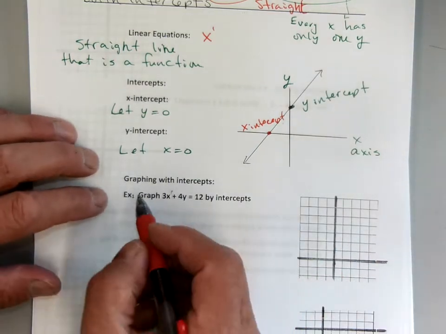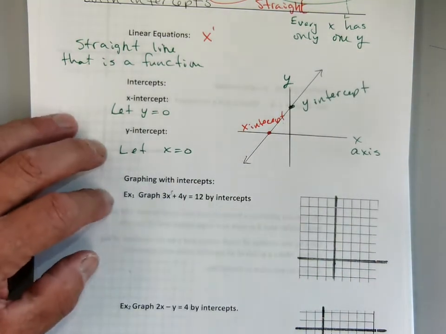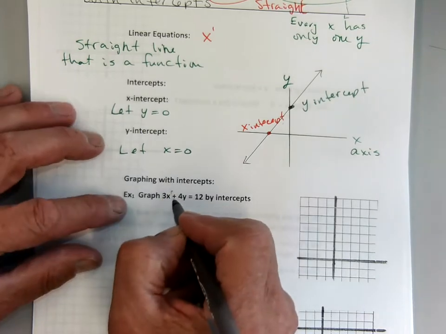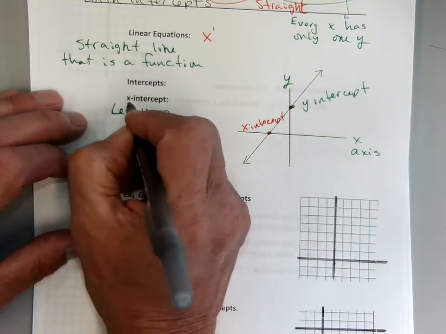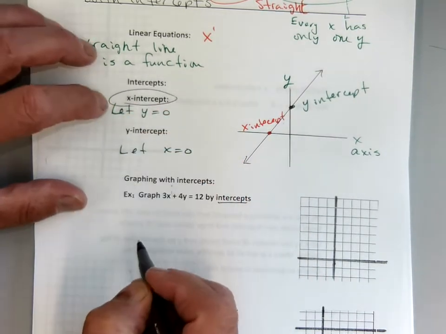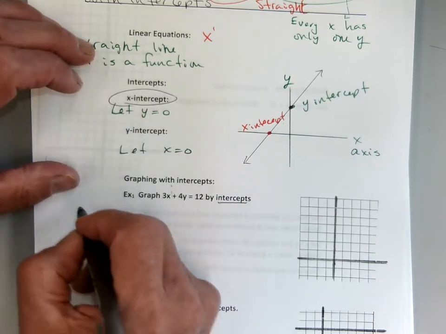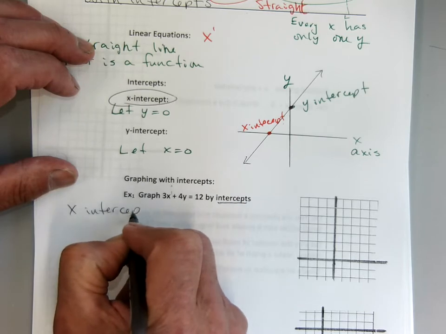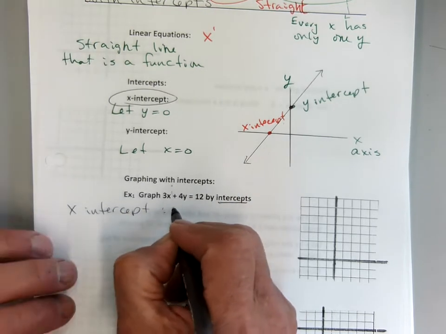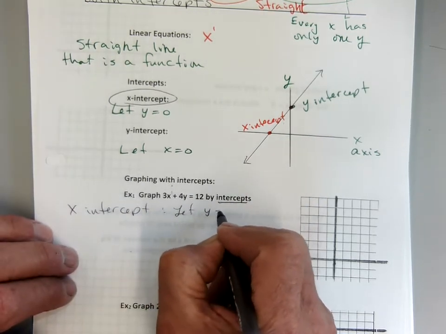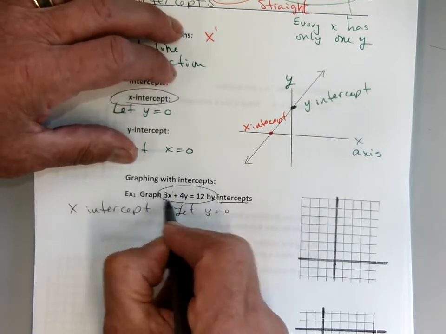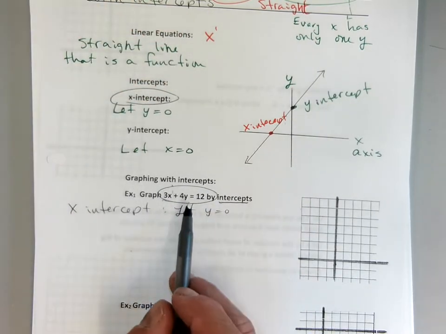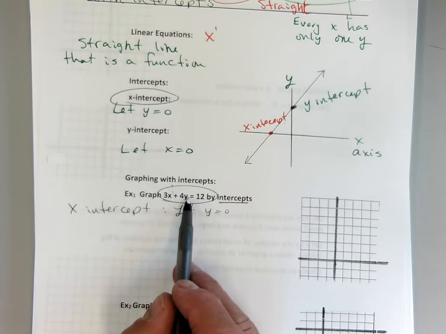So first, if we want to graph this by intercepts, the x-intercept says let y equal 0. So for my x-intercept, we're going to let y equal 0.